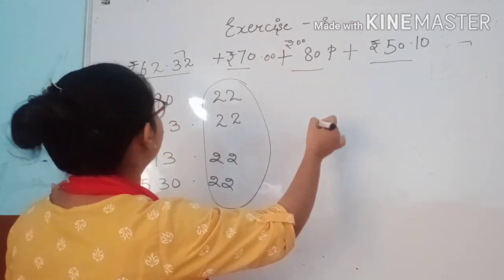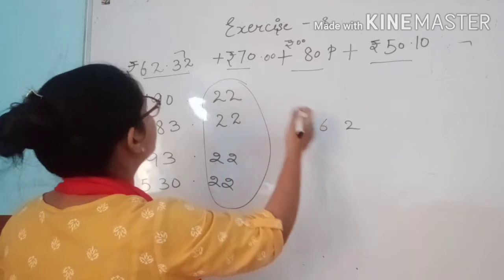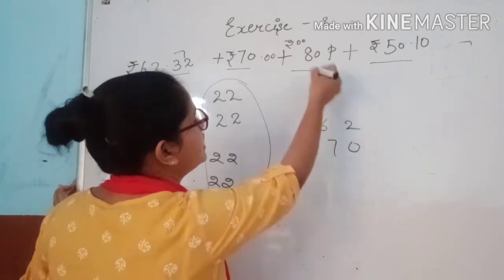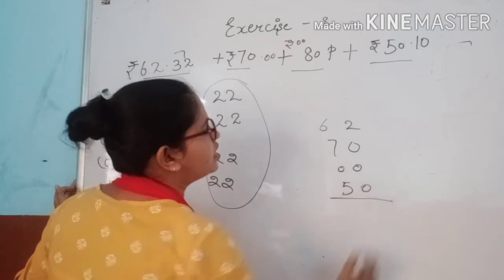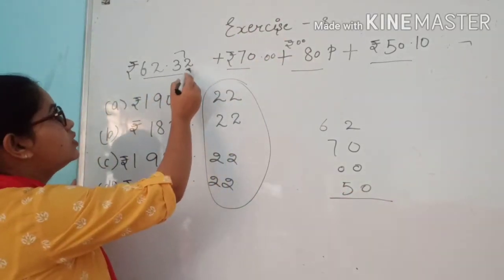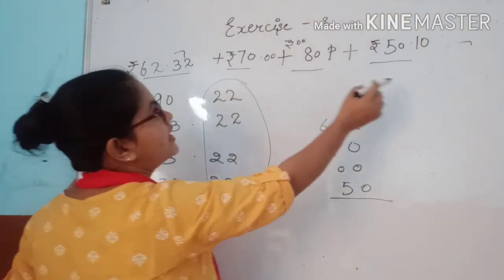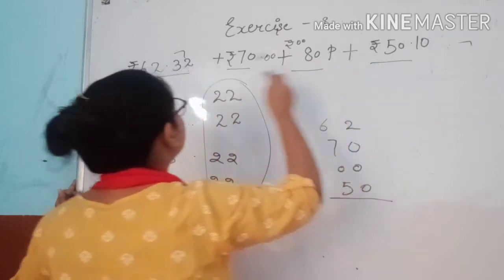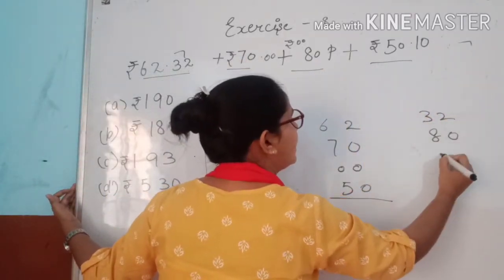Firstly, we can take the rupees. Now come to the rupees section. Okay, this is 70. There is no rupees, so we will take 0. Here is 50. So you can look, that is 22, right? Why? Here is 32, and here is 0. Which means we only add 32, 80 and 10.